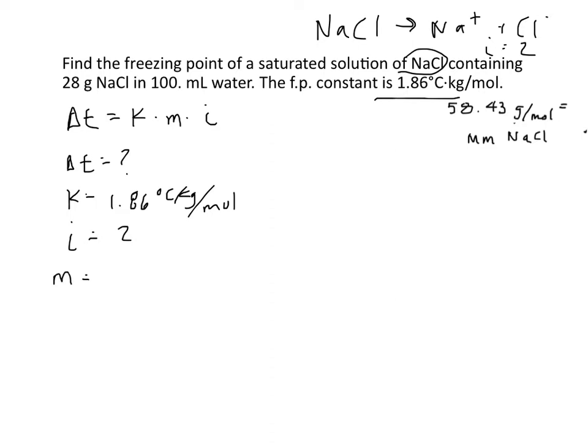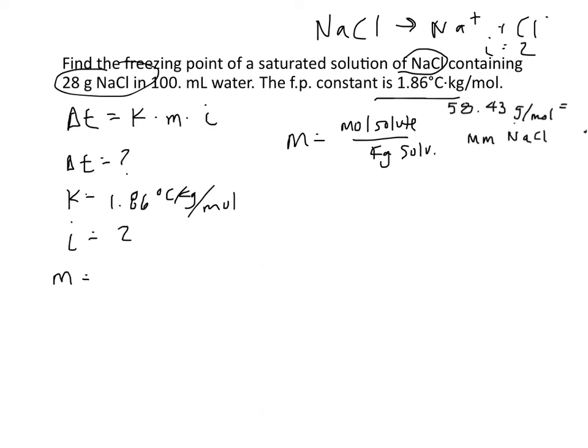Remember, molality is going to be the number of moles of solute divided by kilograms of solvent. Now, moles of solute, we don't have that. We have grams of solute.